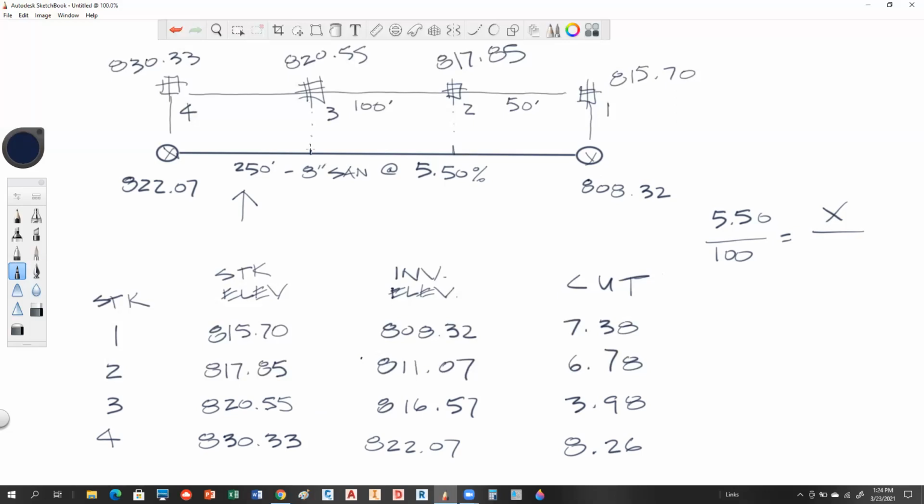But here's a nice thing out in the field. Let's say you had a pure 5% grade. That's easy to calculate, because every 100 feet I'm rising or falling 5 feet, so every 50 feet I'm rising or falling 2.5 feet. You get how easy that works.